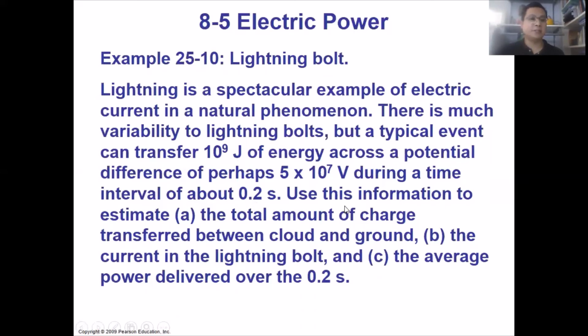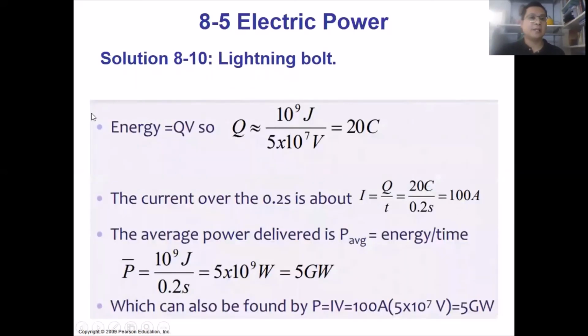Use this information to estimate A, the total amount of charge transferred between cloud and ground, B, the current in the lightning bolt, and C, the average power delivered over 0.2 seconds. Okay, how to calculate?